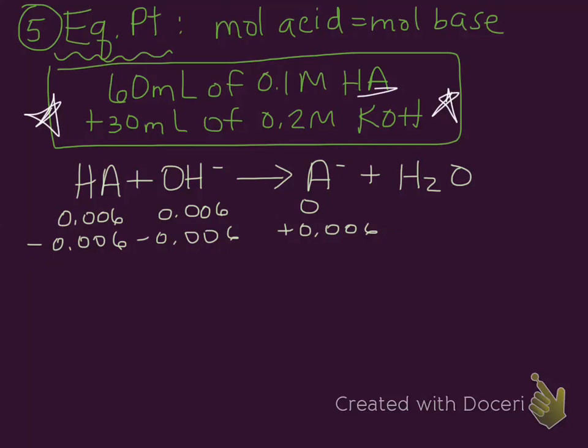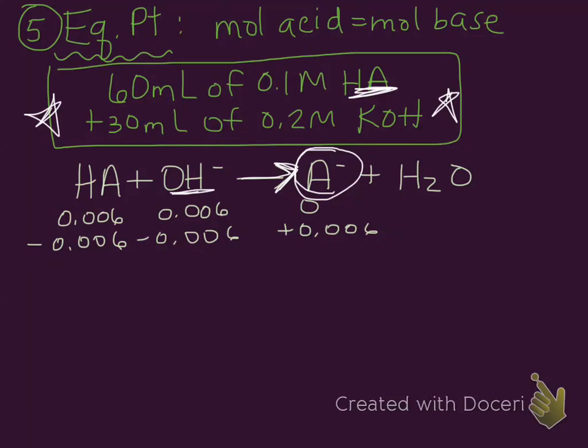And we've just shorthanded this to the generic version of HA. And I've already pre-written out the equation here. So you have HA being titrated with the OH-. Because it's a strong base, the reaction only goes one way. And that's going to generate the conjugate base and water.